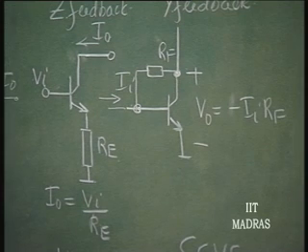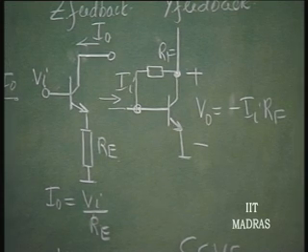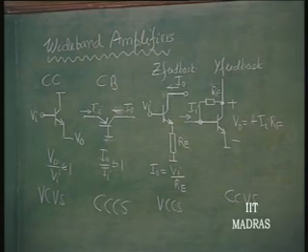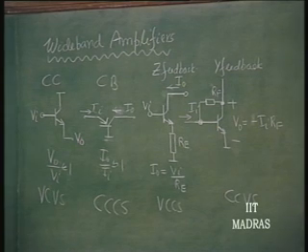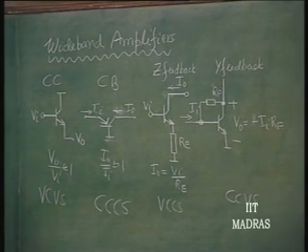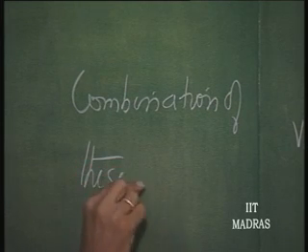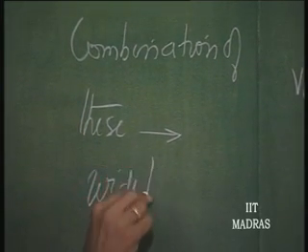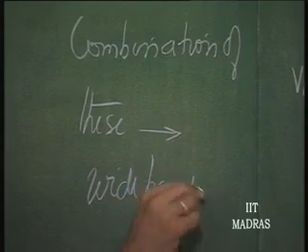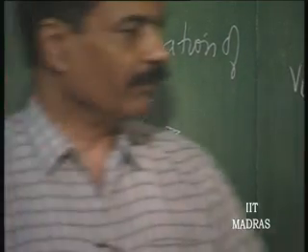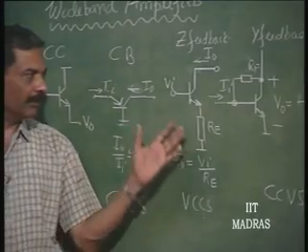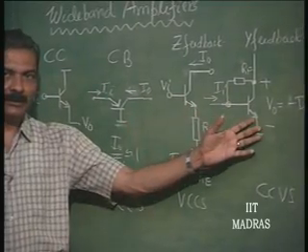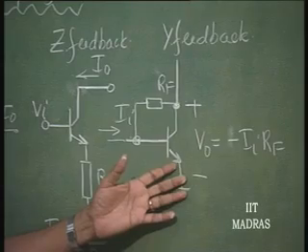All these are wideband structures, and a combination of these also results in wideband structures, because if I want a voltage controlled voltage source, I will combine this with this just as we did yesterday and built up an IC.